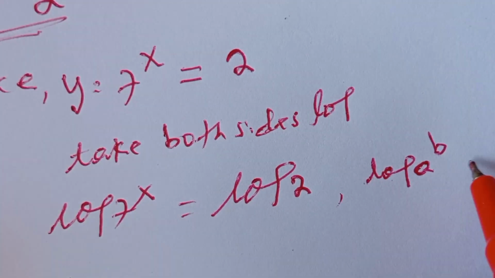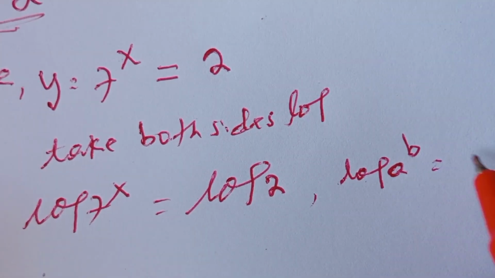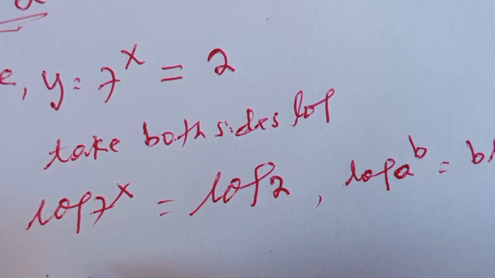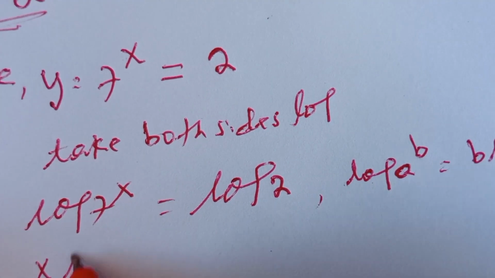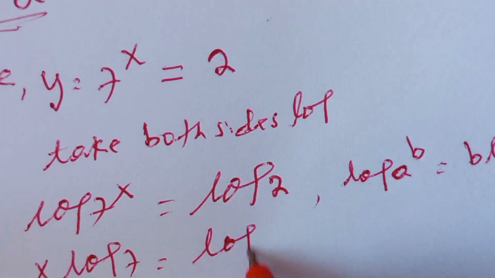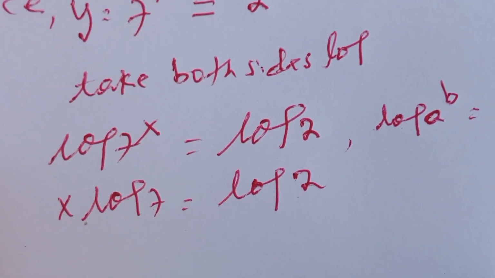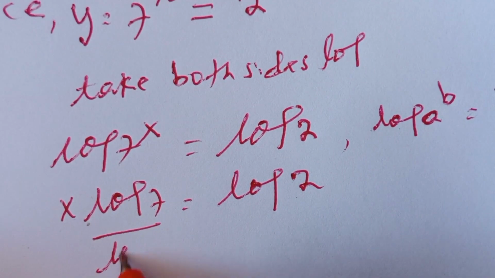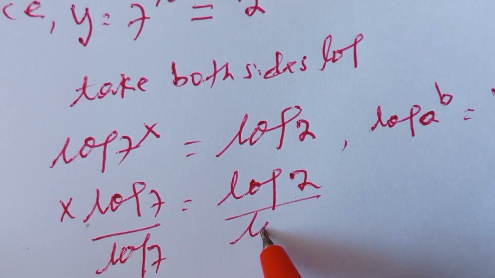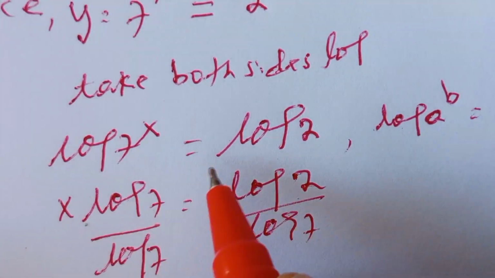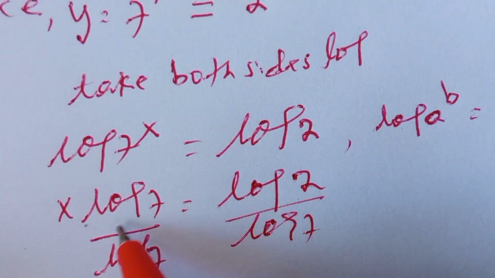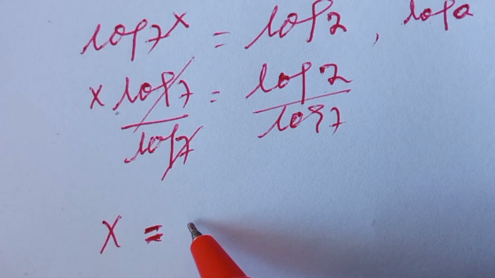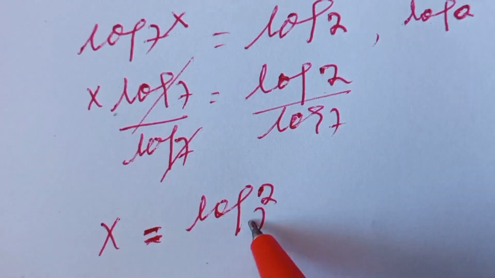Dividing both sides by the logarithm of 7, x is equal to the logarithm of 2 in base 7.